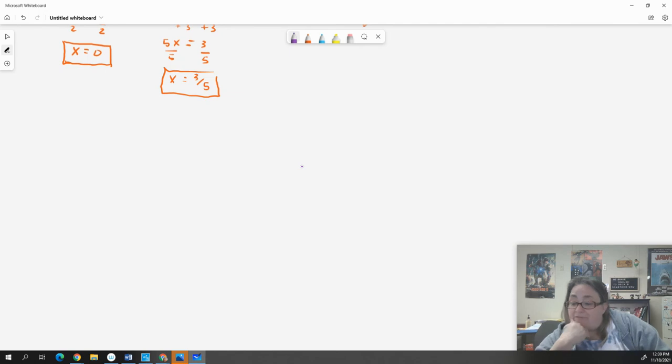So if I have, for example, 16x squared equals 81, I'm going to set this equal to 0. The first thing we want to do, set the problem equal to 0.